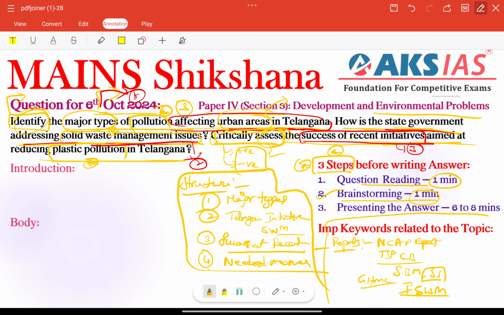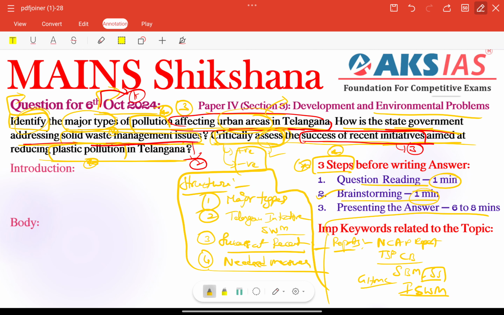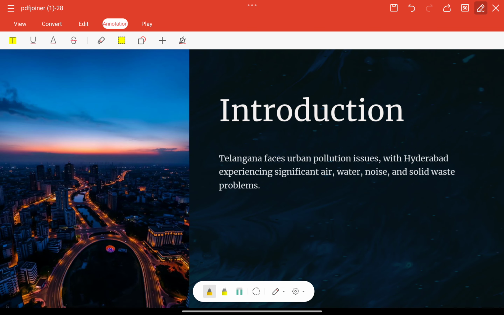So next, coming to our introduction part, here we need to focus on providing a basic or current affairs introduction. We can write first starting like a current affairs introduction.